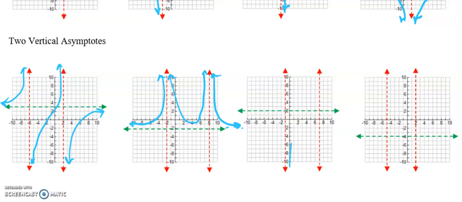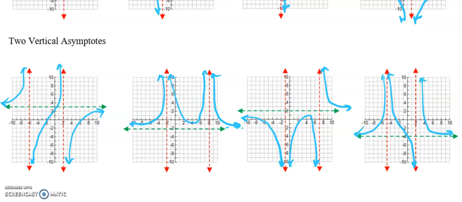Or maybe I have an upside down parabola-ish looking thing, and then maybe this one is down here and this one is up here. Or maybe I have a snakish looking graph in the middle, but it goes the opposite direction from the first one. And then maybe this is up here like this, and this one's here like this.